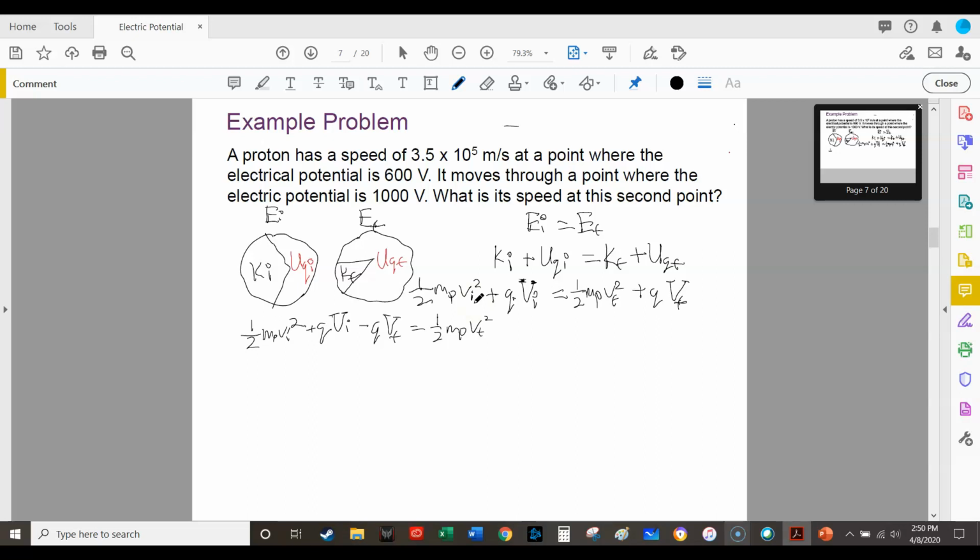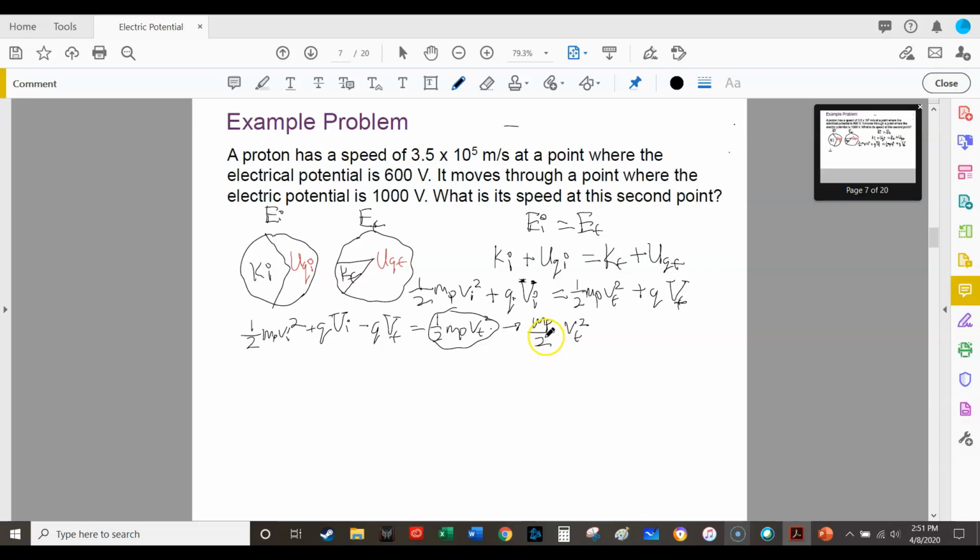I'm going to do this in equation form first before I put in my numbers. By the way, this right here, we could just call it the mass of a proton over 2 times the final velocity squared, right? And that's going to help when we do a little bit of algebra in the next part. So we need to isolate the final velocity.